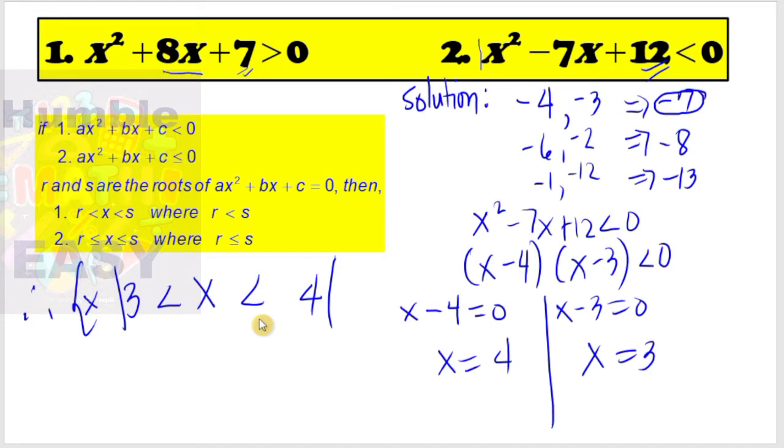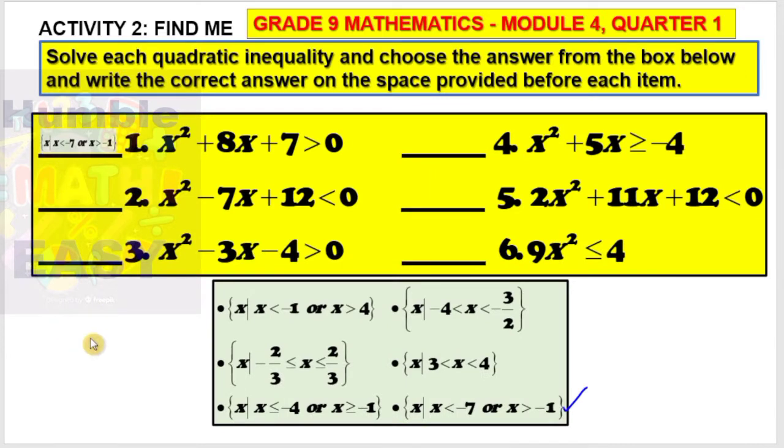That is how we handle the answer in the given problem number 2. So going back to the given, the answer should be this one.